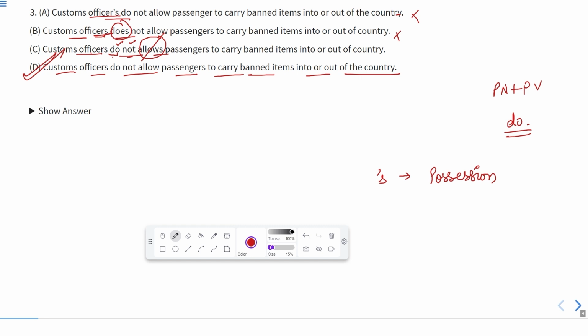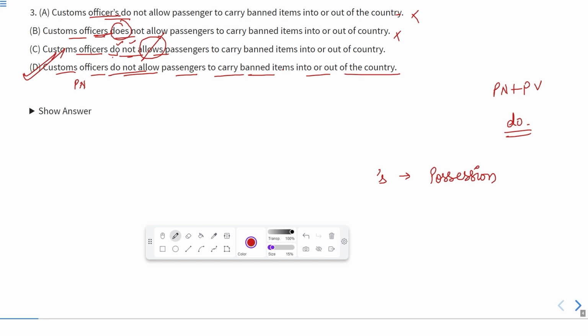Customs officers is a plural noun, and "do not allow" is also correct. We have used this according to the noun. "Passengers to carry banned items into or out of the country" means they cannot take the products into the country or out of the country.